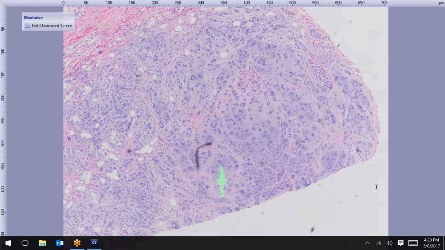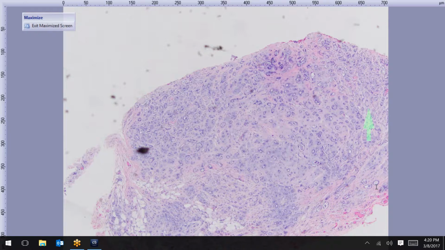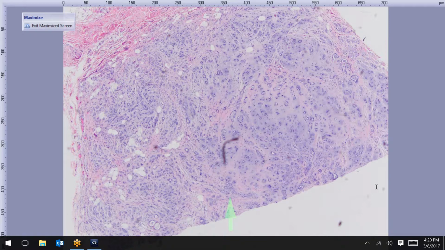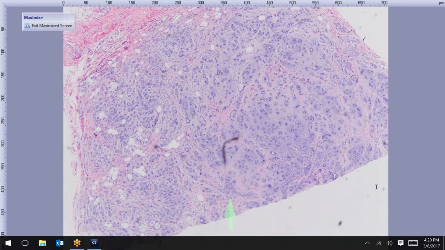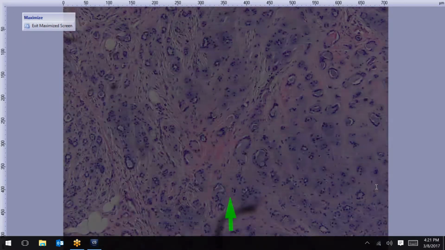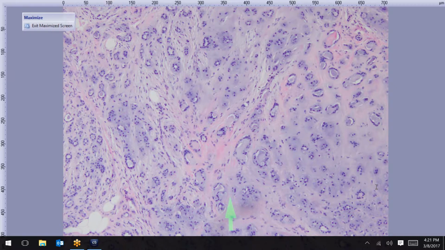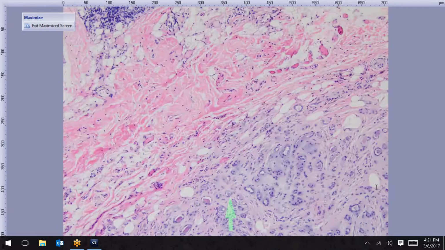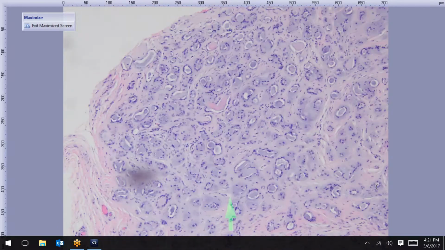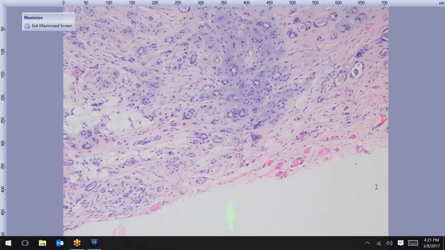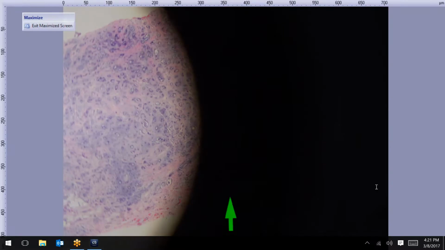In other areas it can be mucinous, and it's well defined. So this kind of tumor can vary a lot, but this is a chondroid syringoma, also called mixed tumor of the skin. It's called mixed tumor because all these components can vary a fair amount. Let me go on higher power just so you guys can see it. All these little ductal spaces, well demarcated, not encapsulated, but well defined. All right, great. Chondroid syringoma.